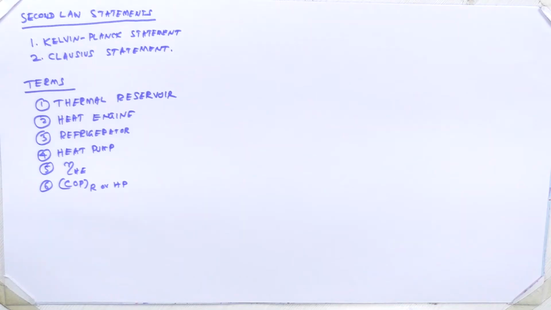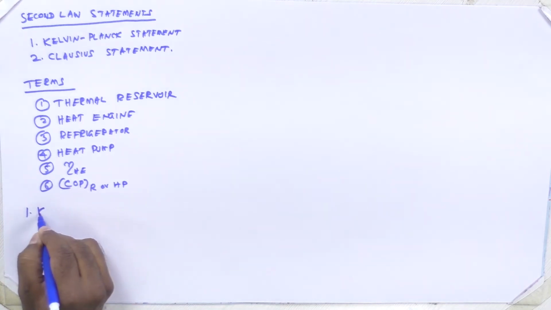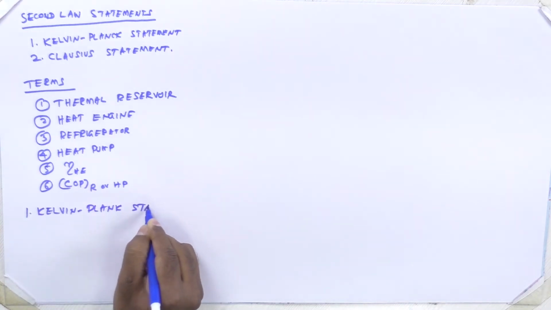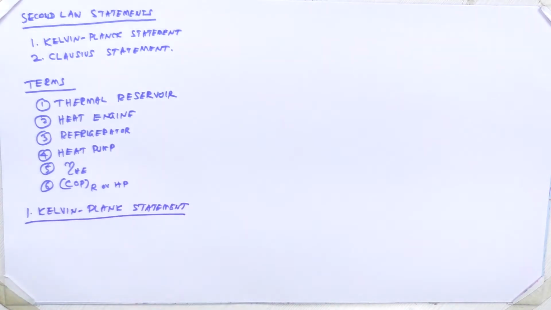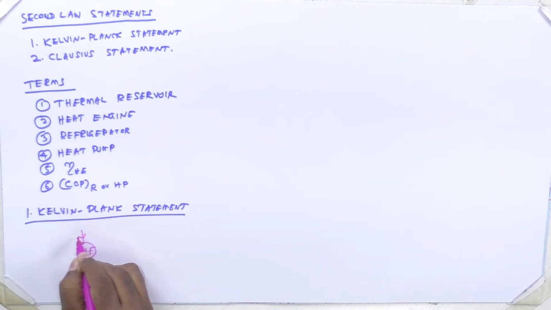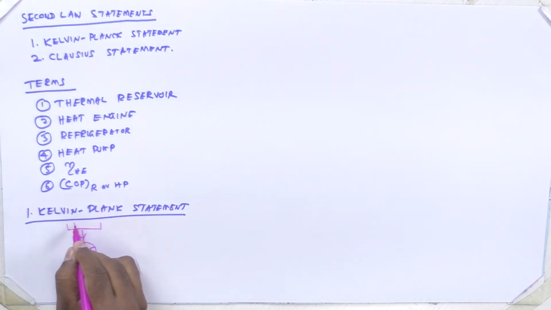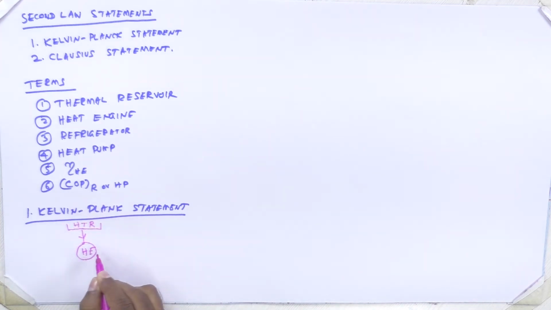Now we will go to the explanation for the second law of thermodynamics. That is, we will go to the first statement, Kelvin-Planck statement. According to the Kelvin-Planck statement, it is impossible to construct a heat engine working in a cyclic process that receives heat input from the high temperature reservoir and transfers it into the equivalent amount of work output, WHE, the work output of the heat engine.